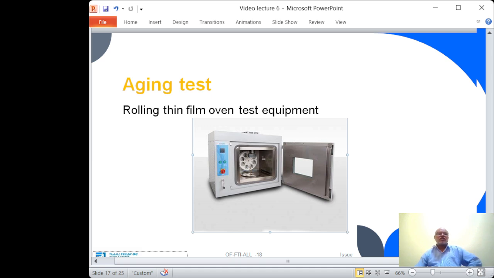In the RTFO test, a thin film of the asphalt binder is created and exposed to heat and pressure. This simulates the conditions that the asphalt pavement will face on the road. The test measures the viscosity of the binder and its ability to resist deformation under these conditions.